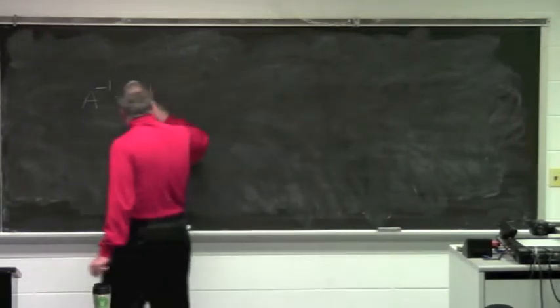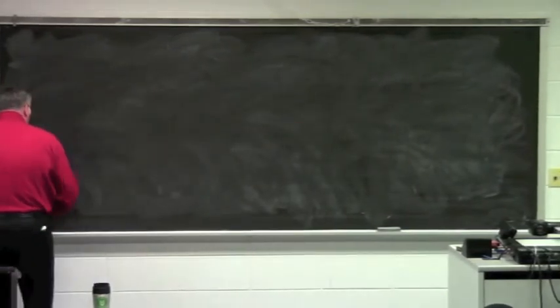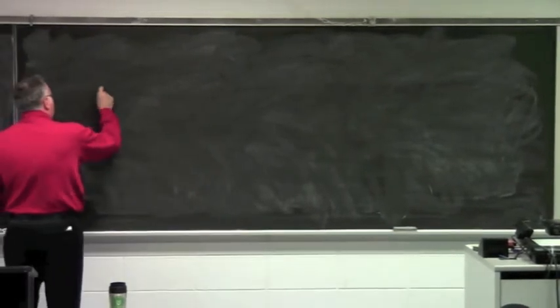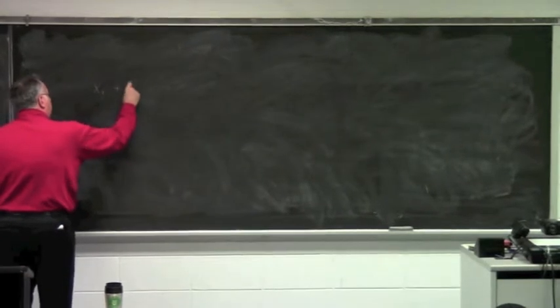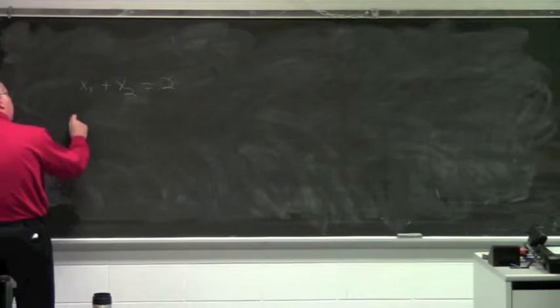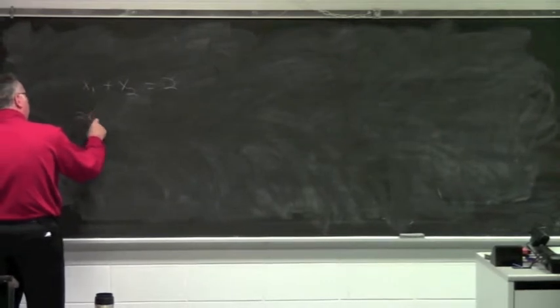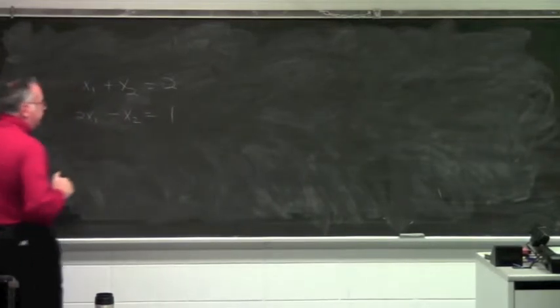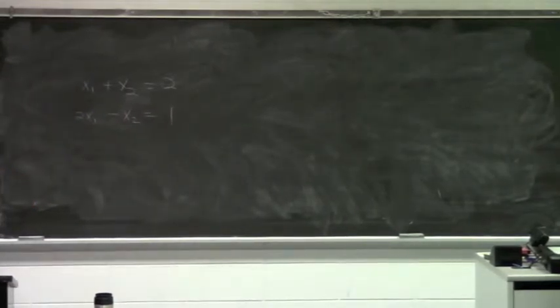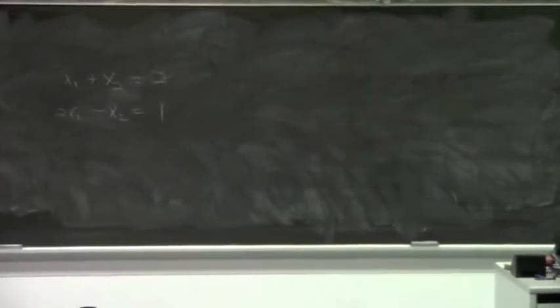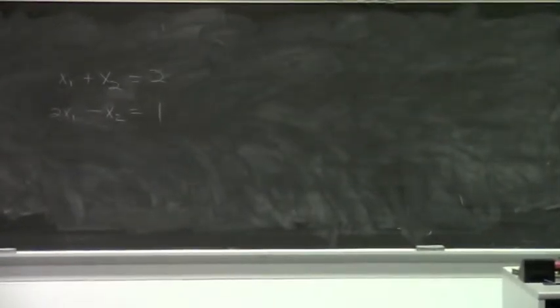And I'm going to make up a simple equation system with a very nice solution. Let's just take x1 plus x2 equals 2. And then we have 2x1 minus x2 equals 1. And I'm making up this equation in the following way. I want the solution values for x1 and x2 both to be 1.